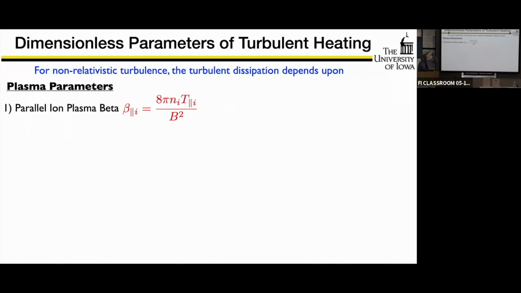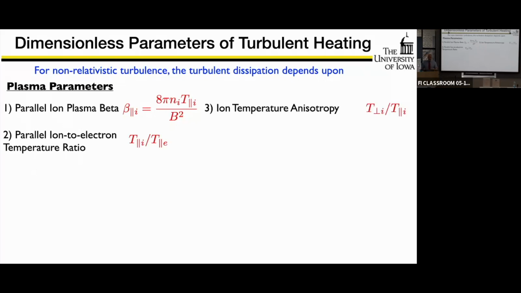So it's the parallel thermal pressure over the magnetic pressure. A second parameter is the ratio of the ion to electron temperatures, and we'll specifically focus on the parallel temperatures here. Two more parameters are the ion temperature anisotropy and the electron temperature anisotropy.